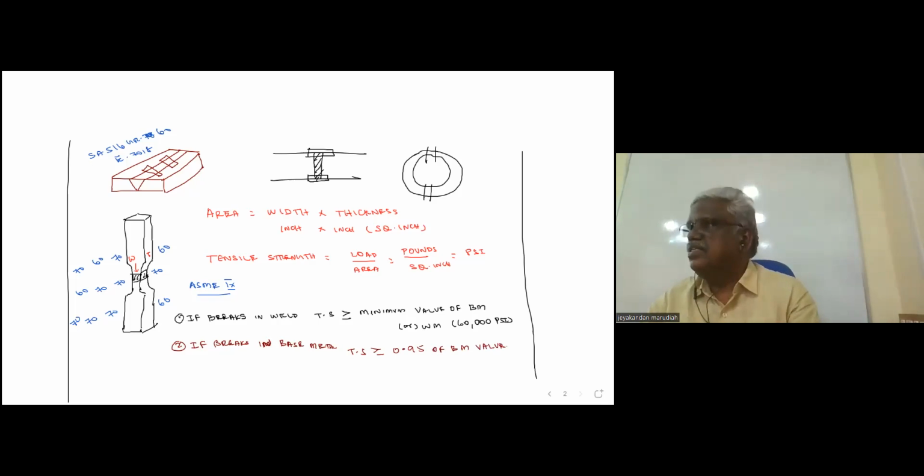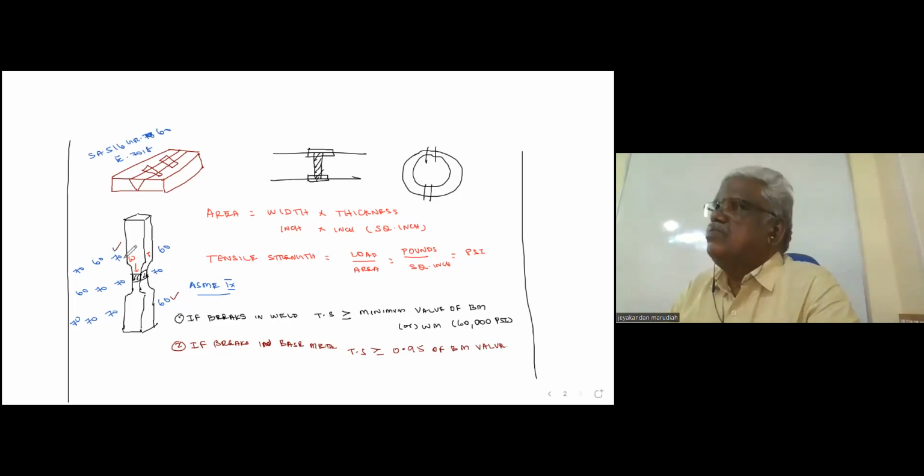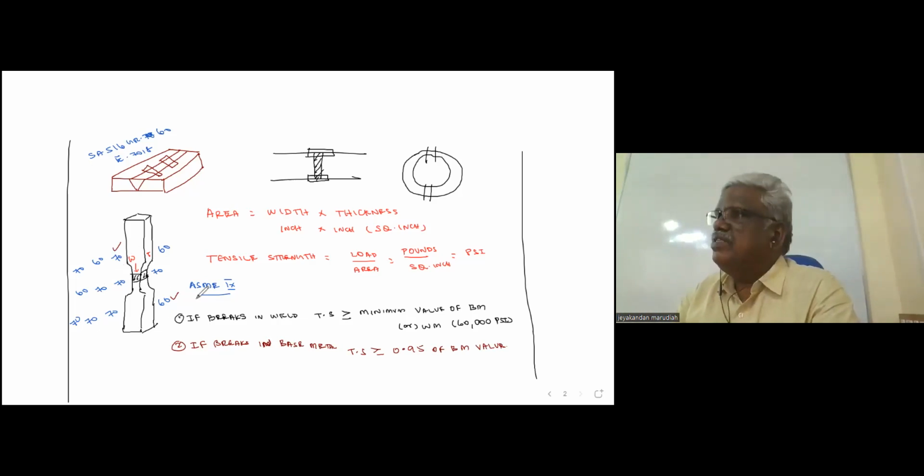If it breaks on this side, 95% of 60,000. Suppose it breaks on the 70 side, 95% of 70,000. Again, we have three values, two base metal and one weld metal. If it breaks in weld metal, the lowest value it should achieve. If it breaks in base metal, that side's 95% it should achieve.